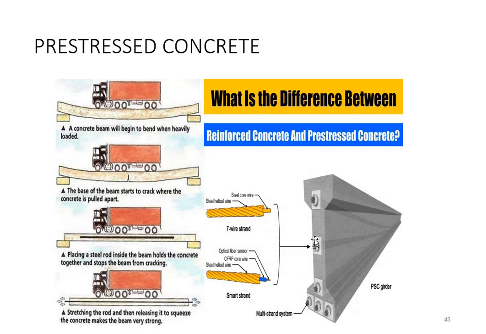You stretch it out, and what happens when you leave the rubber band? It goes back inside. Similar to that, you pull out or stress the steel rod which is placed inside, and once you leave it, it squeezes the concrete and makes the beam very compact and very strong, which prevents cracking of the beam.